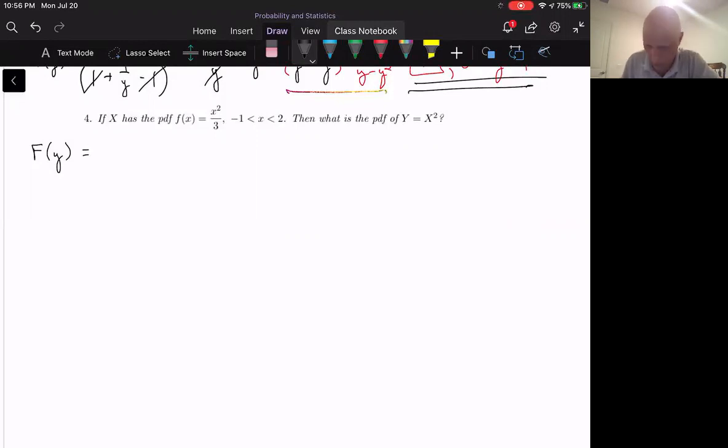Y less than or equal to little y. And then what would your next step be? Substitute X squared in for big Y. All right, so far so good. And then what?